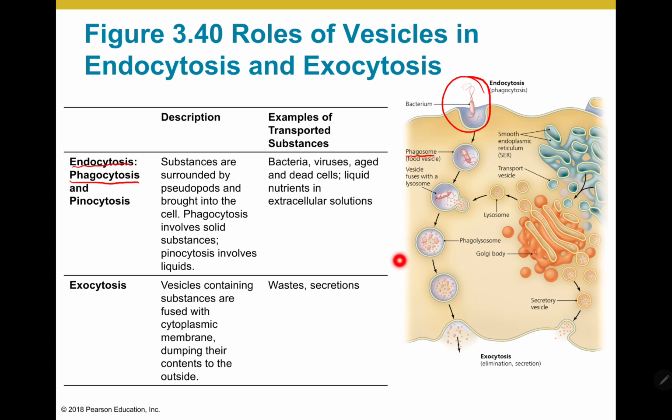You're going to merge that phagosome with a lysosome, because a lysosome has these degradative enzymes in it, and the lysosome is going to degrade the bacteria basically. So that's phagocytosis, bringing in a large particle within the cell.